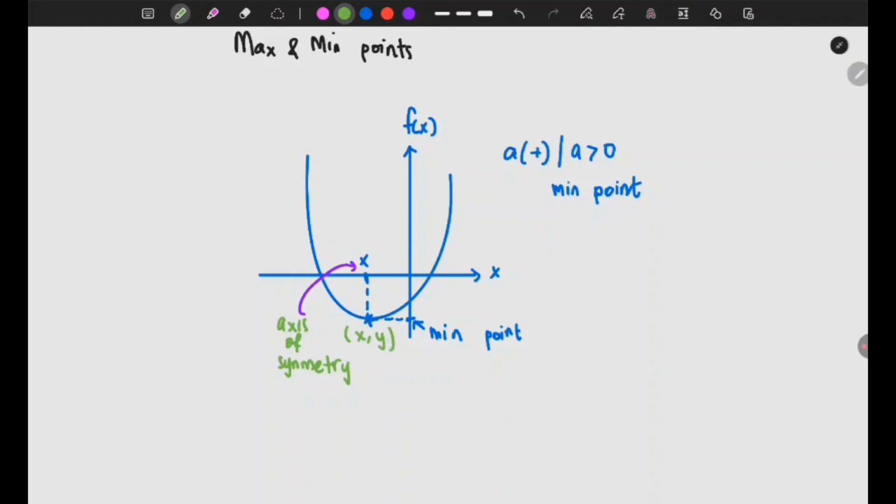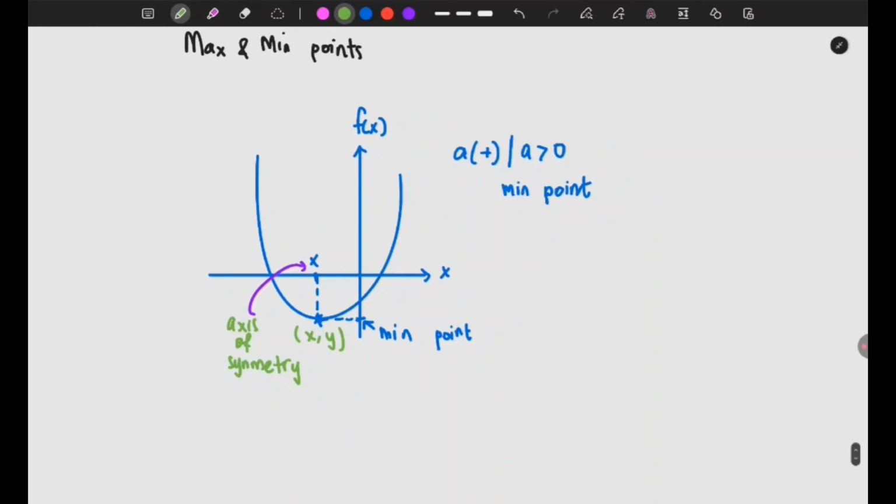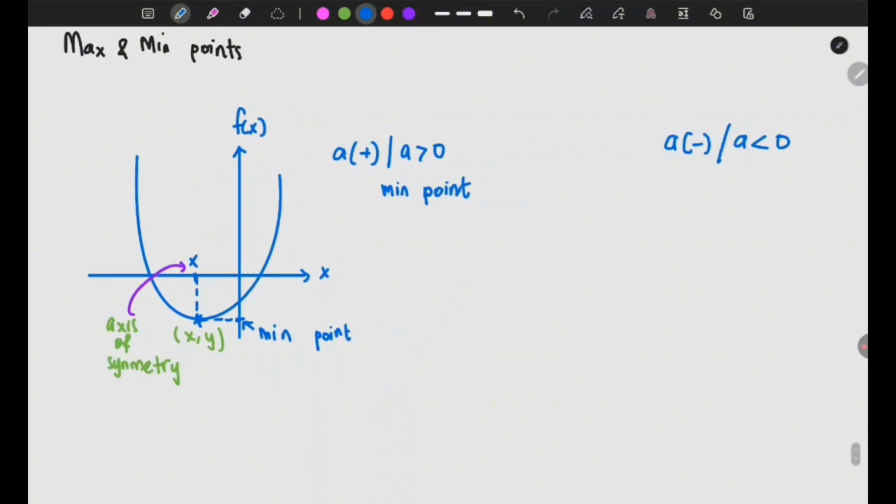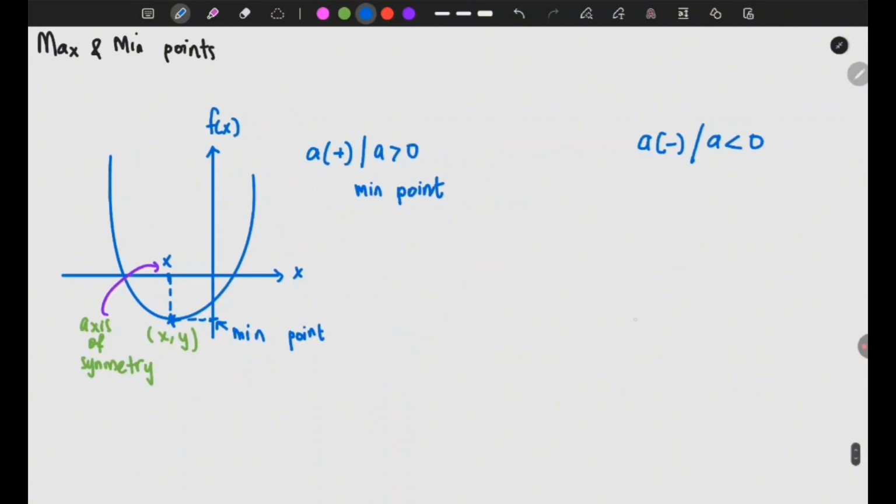If your a is negative, or a is less than 0, how does your graph look like? So it will look something like this. Since it's negative, it will have a sad face.